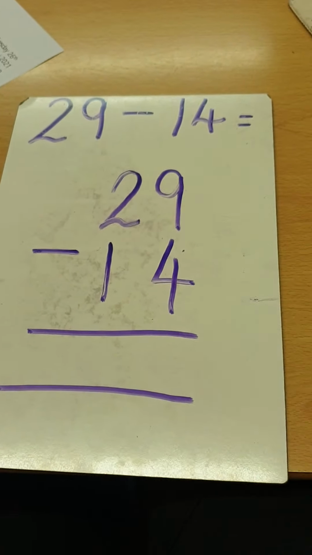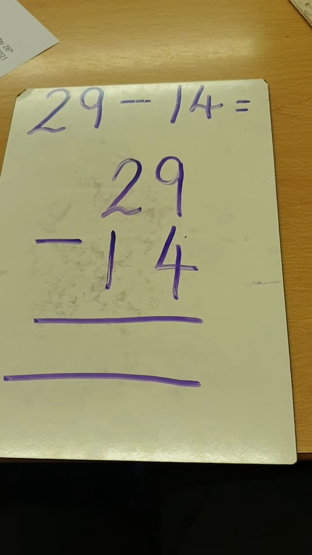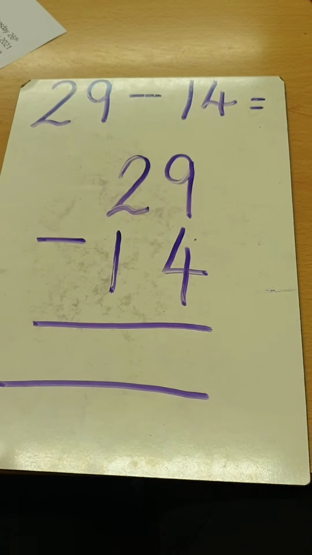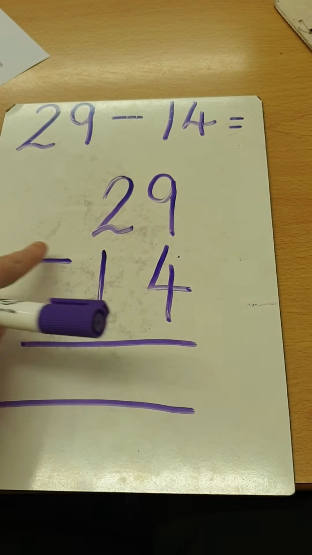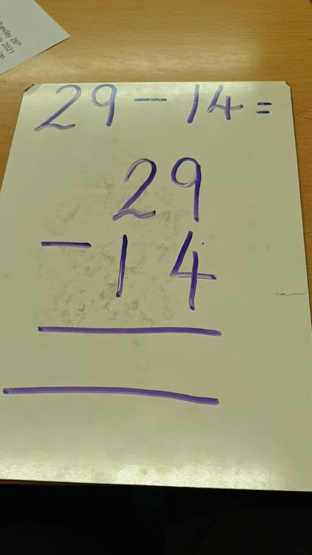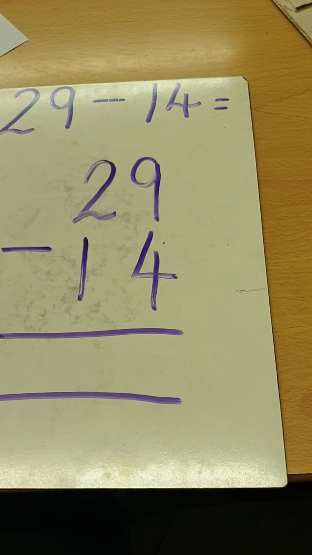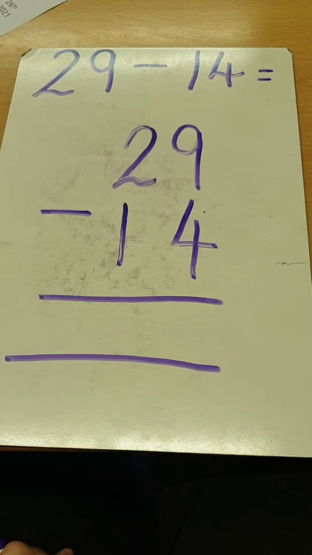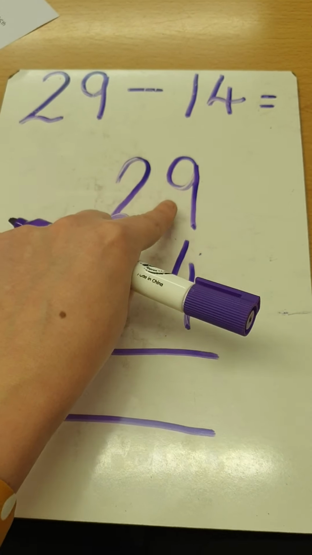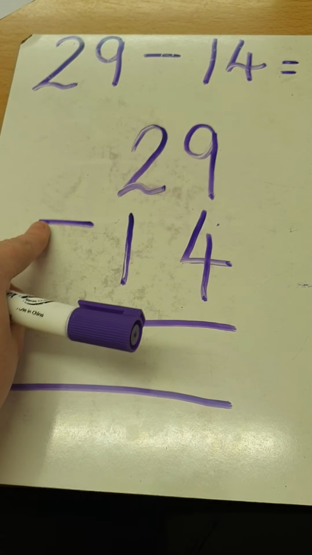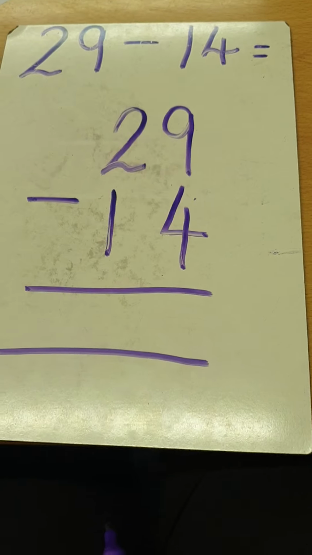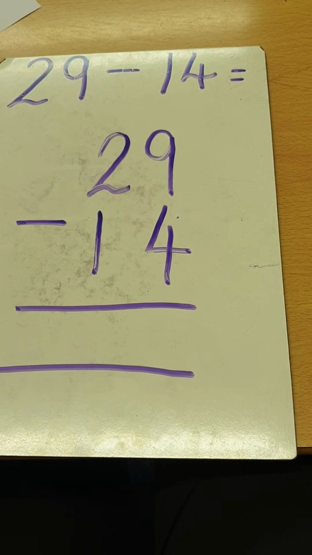Right then. Now, we always start with the ones. Well done. Do I do 4 take away 9? No, because we always start with the biggest number when we take away. So I've got to start with 9, take away 4. Can you do that for me? I'm going to do it with you too.